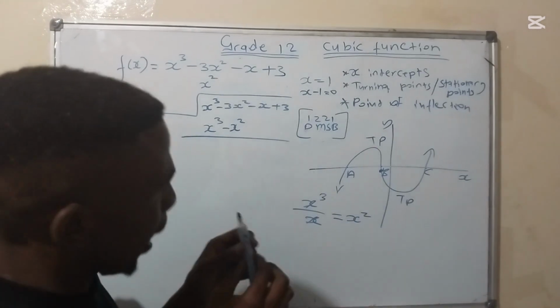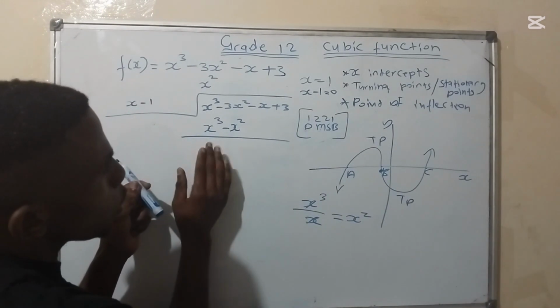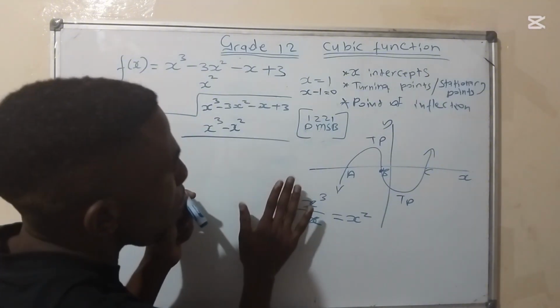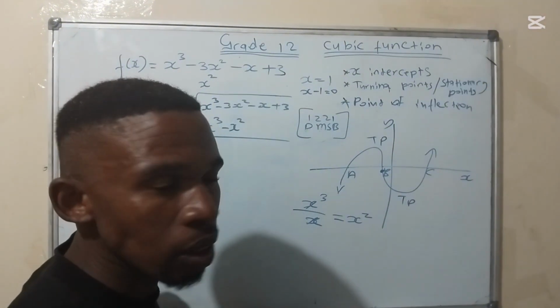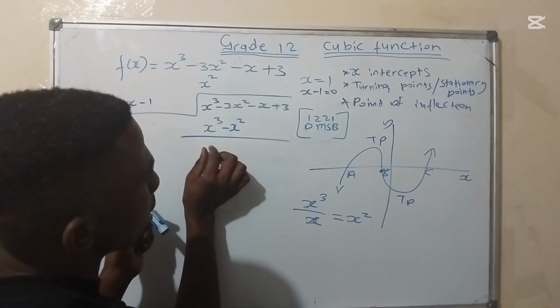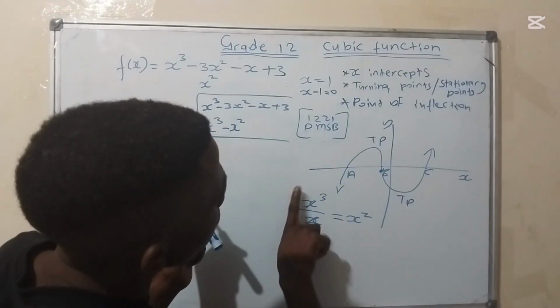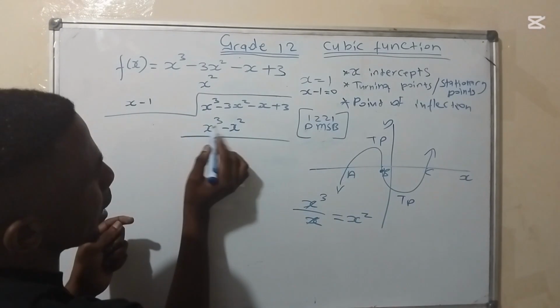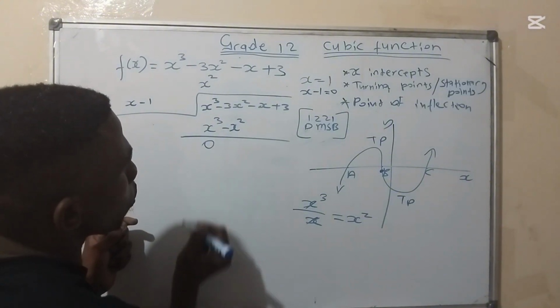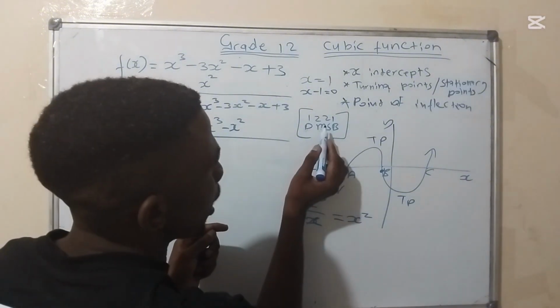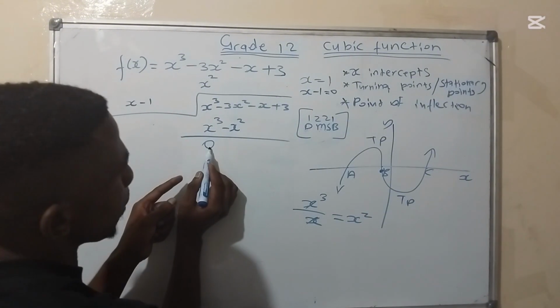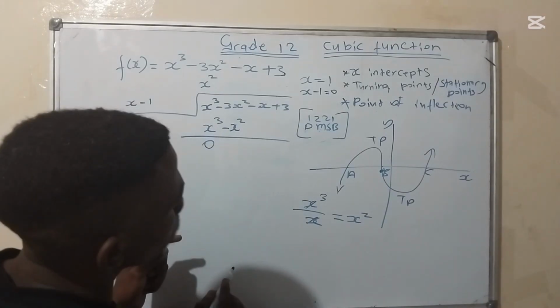Remember, guys, we are going to be left with 0, 0, 0 till the end. Whenever you subtract, you are going to get 0. x cubed minus x cubed is 0. Then we have to subtract again, a second time.